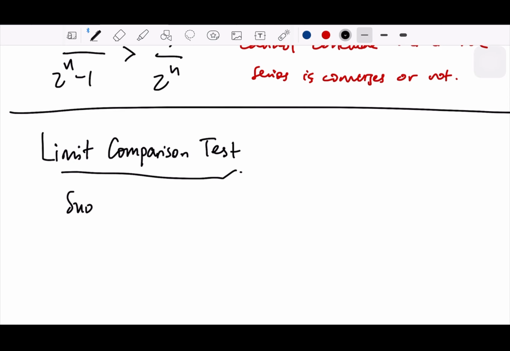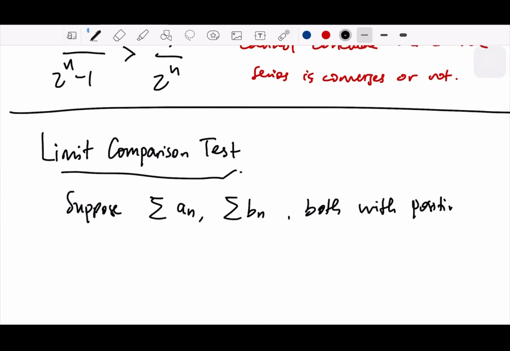Now suppose we have two series, An and Bn, both with positive terms.